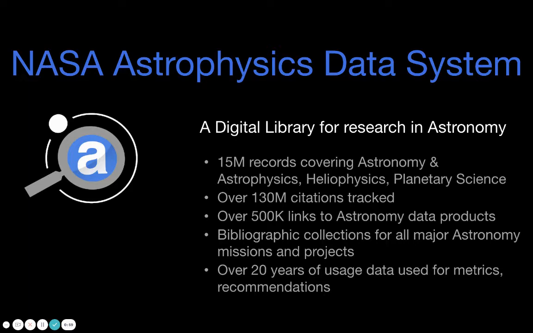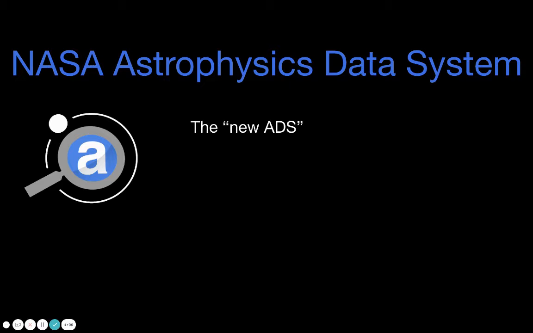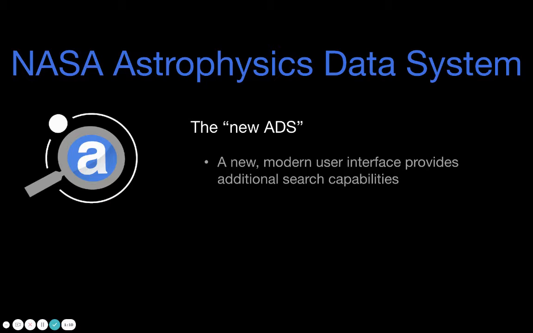The system has collected over 20 years of usage data that we use to make recommendations to our users. The new ADS was launched over a year ago, and it's a new modern system that provides an interface and additional search capabilities.